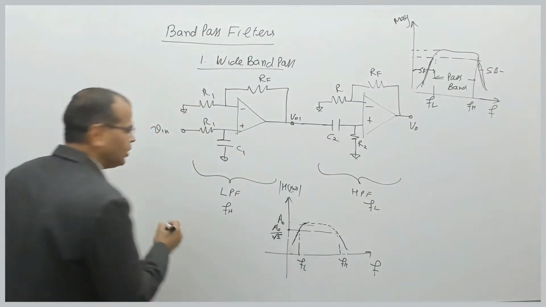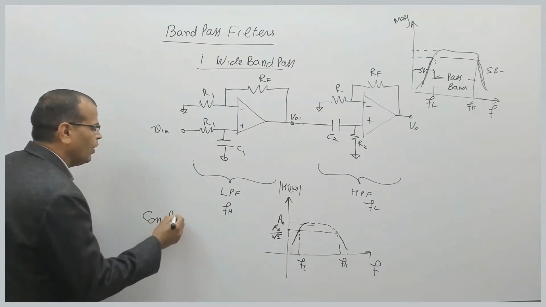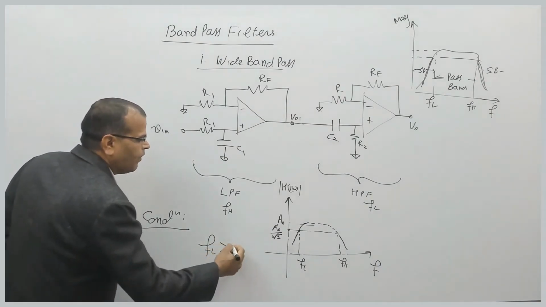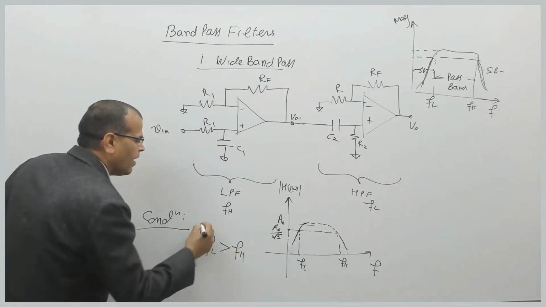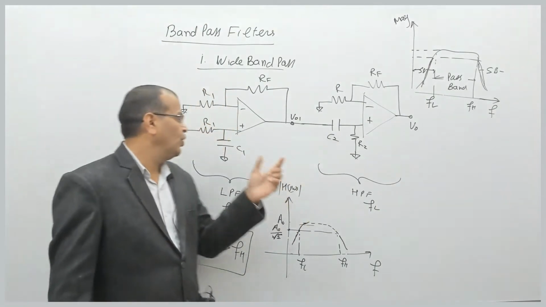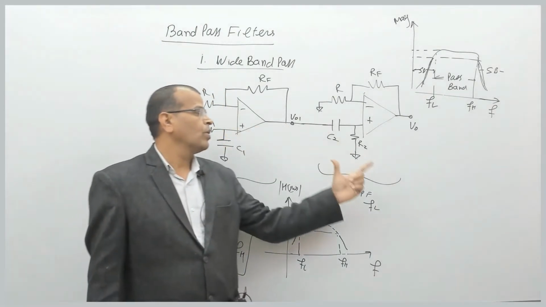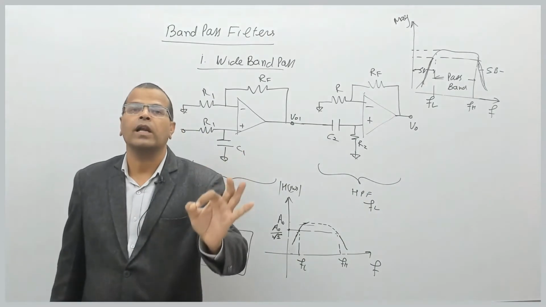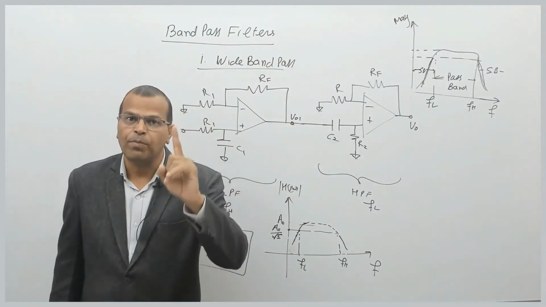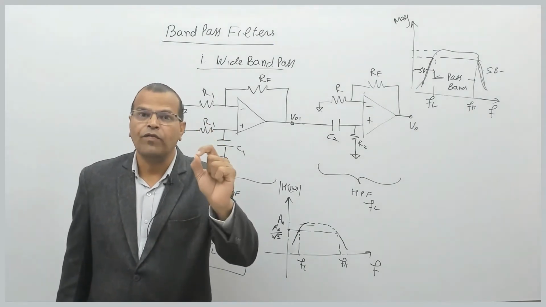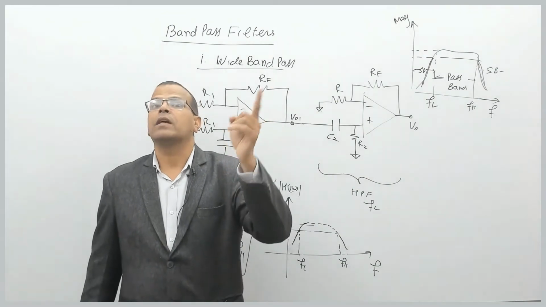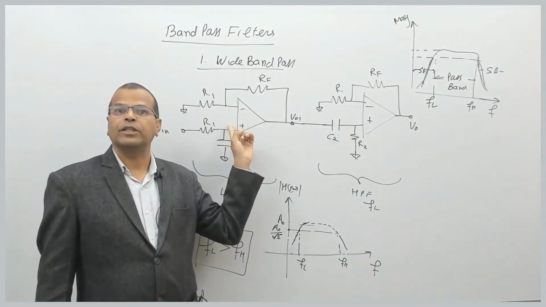So there is a condition here, this circuit will work like band pass filter if and only if FH is more than FL. So that means the cascade connection of low pass stage with high pass stage works like a wide band pass filter, provided the cutoff frequency of high pass stage is less than the cutoff frequency of low pass stage, right.